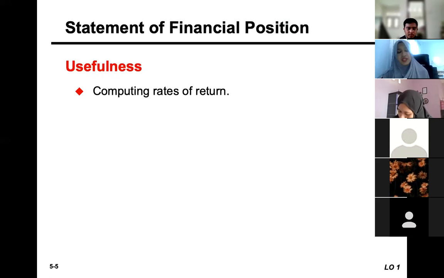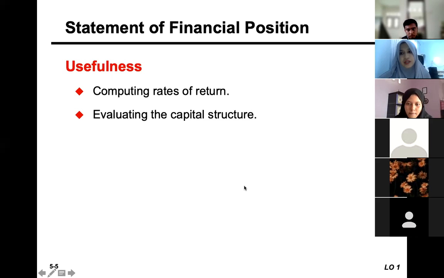Okay, there are so many benefits, or information that can be derived from the statement of financial position. The users can compute the rate of returns and assess the capital structure of the company, because they would see whether the company is heavily financed or derives its capital from the debt or from the equity. Because asset equals liabilities plus equity.